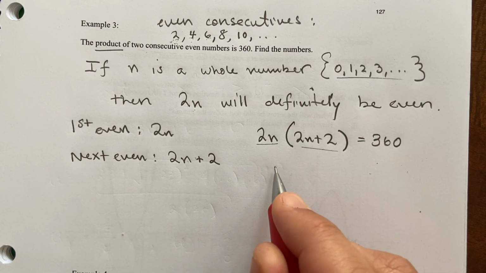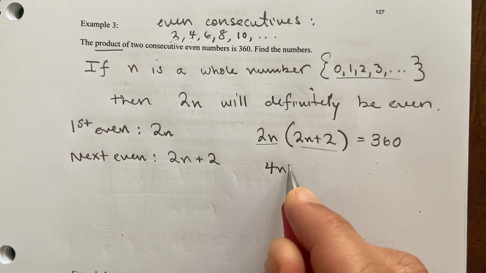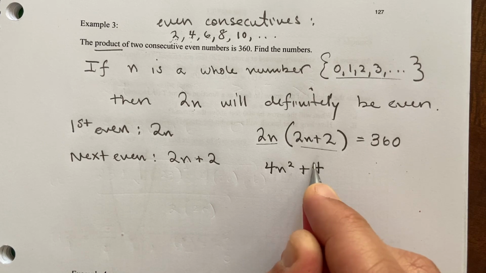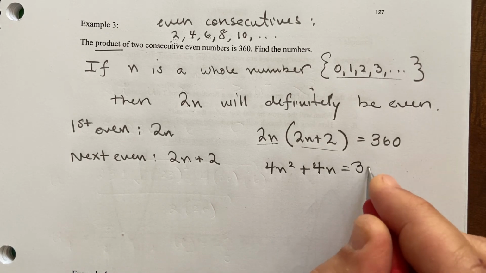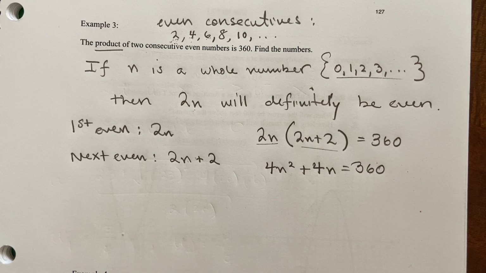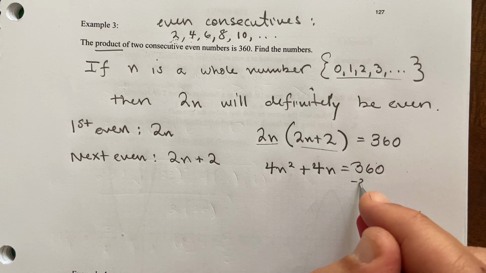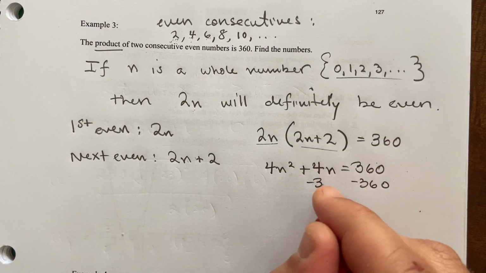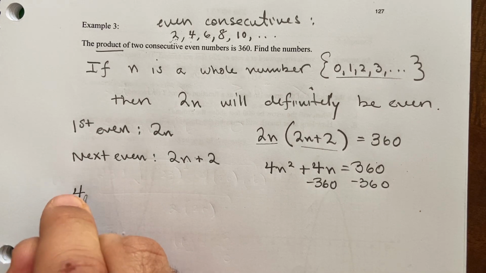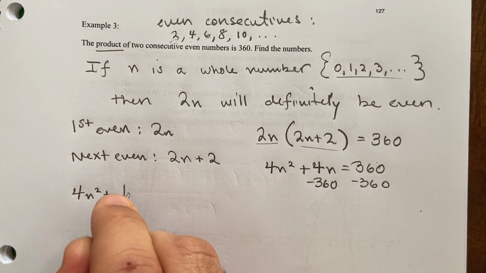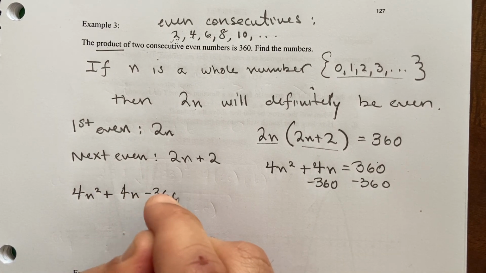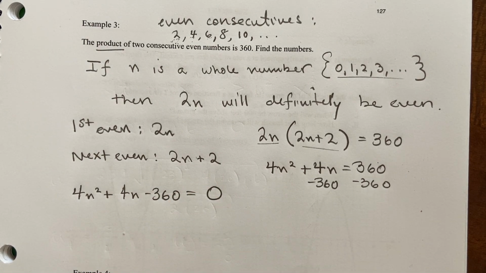So distributing, I get 4n squared plus 4n equals 360. Right, subtract 360. So 4n squared plus 4n minus 360 equals 0.